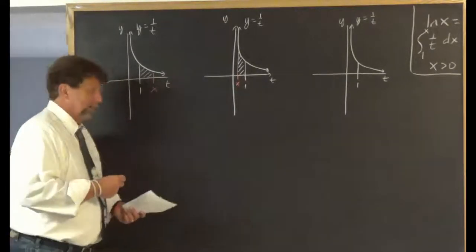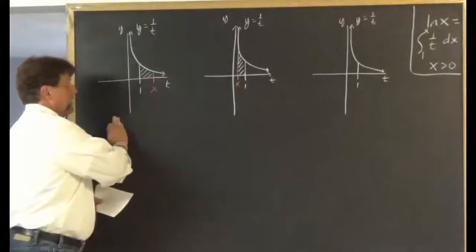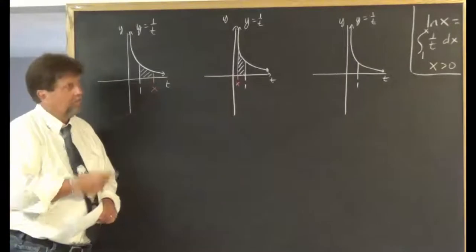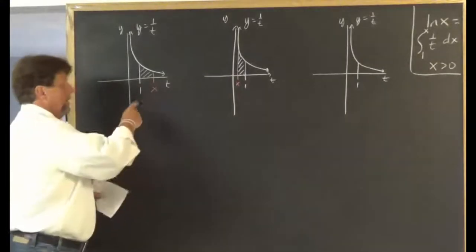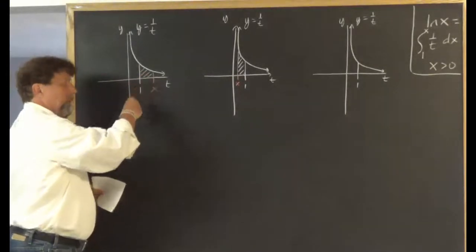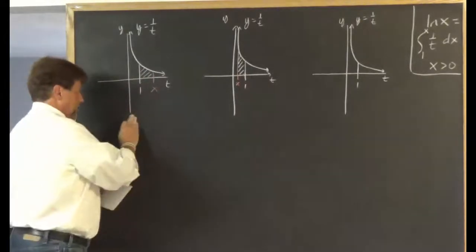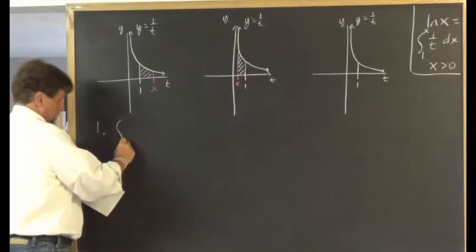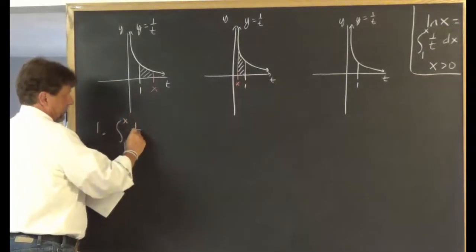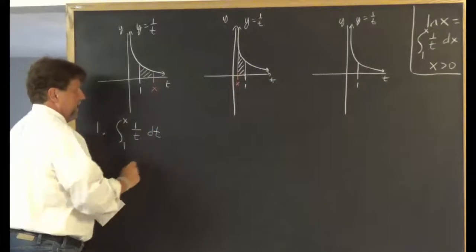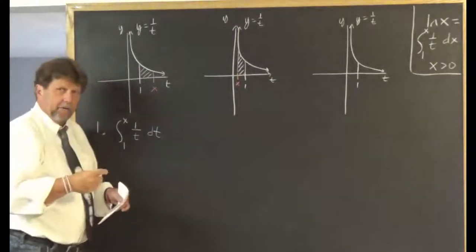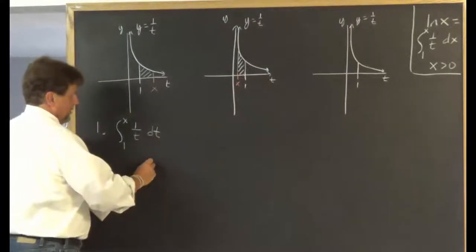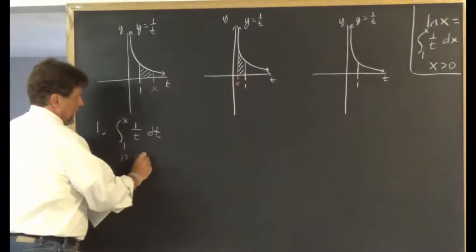So here's fact 1. x is greater than 1. This shaded region matches up with the integral from 1 to x of 1 over t dt, and that shaded region would be a positive number. So this integral is positive.